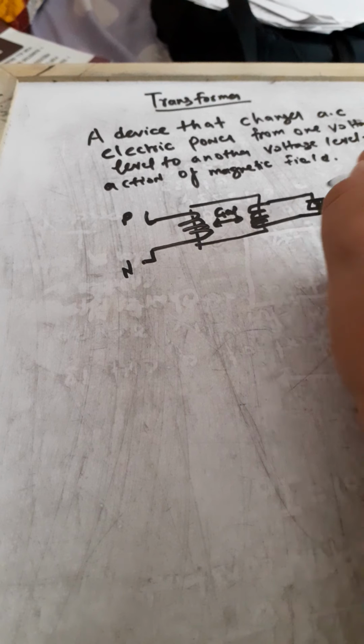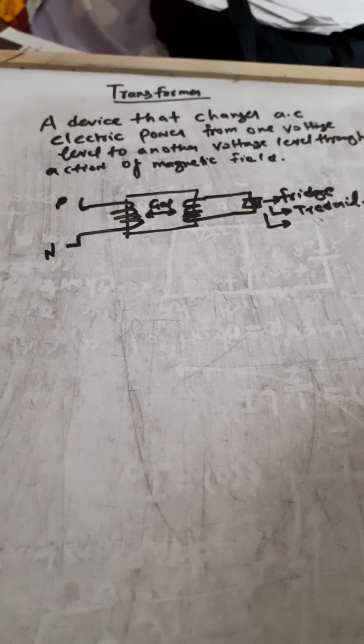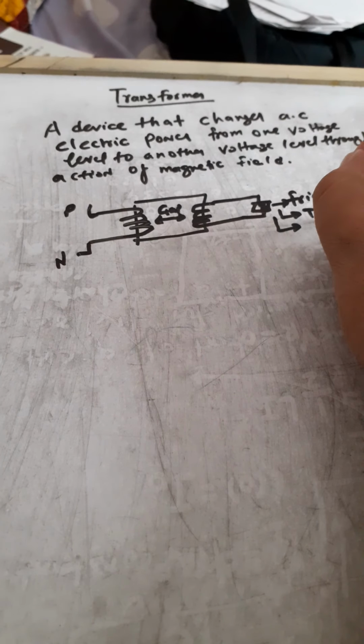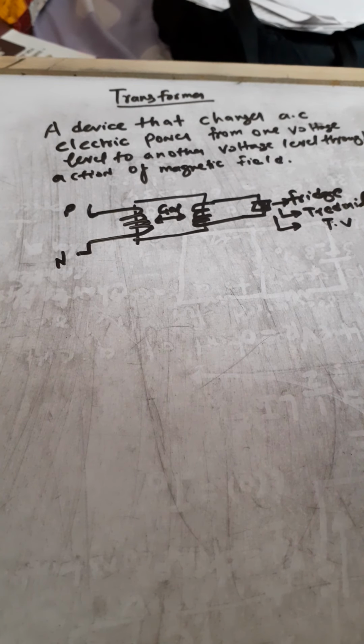Load would mean household load. For example, you have connected a fridge over here, or you have connected some treadmill. Some people use a treadmill at home, they require one separate transformer. In earlier days we used to have televisions, we used to have some separate transformers for that.